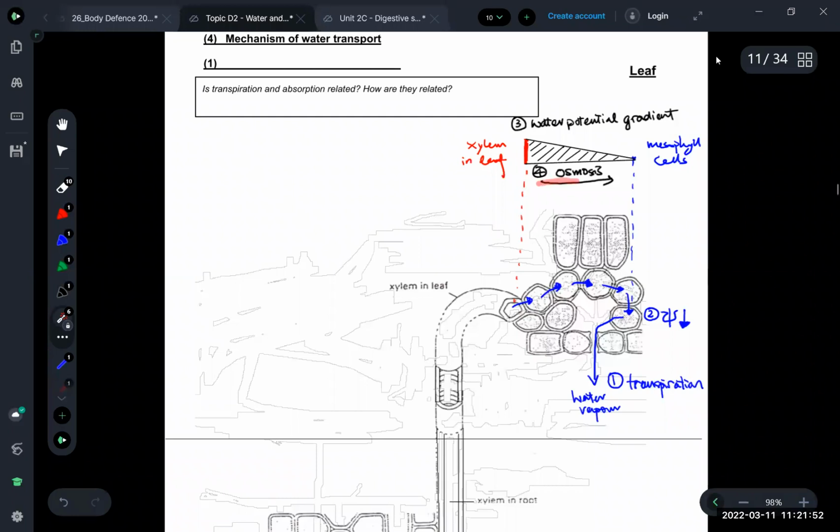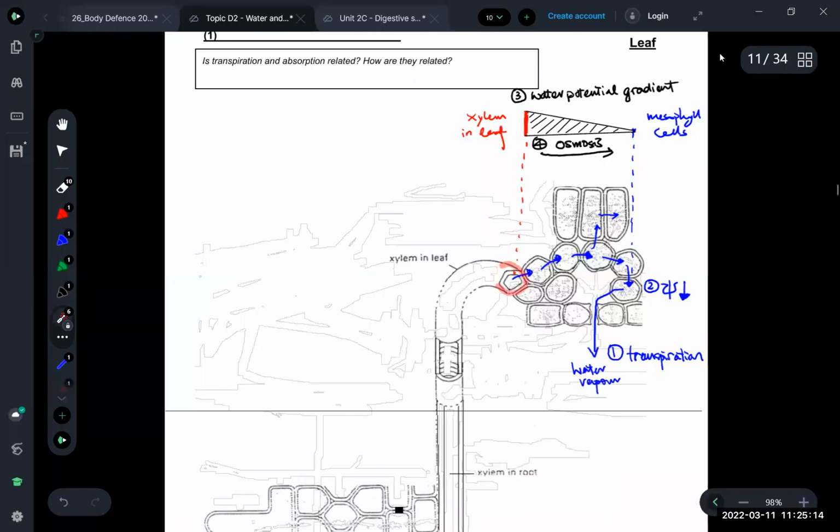And this draws water from the xylem in the leaf into mesophyll cells by osmosis. So it's a step-by-step osmosis, one cell to another, and eventually to this particular mesophyll cell. But of course, it applies to all other mesophyll cells as well, right? So the water can go this way, can go this way. Okay, so draw it now.